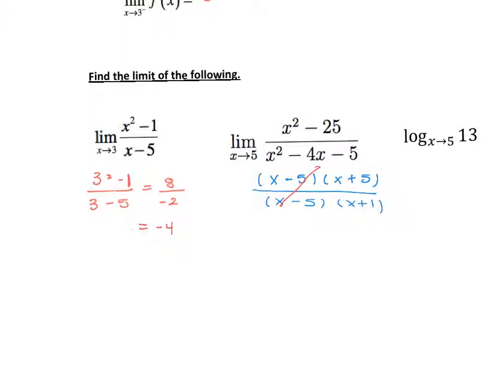And now you can plug in 5 to evaluate the limit of your function. It's 5 plus 5 over 5 plus 1. Oops, moving a little too fast. 10 over 6. And then that reduces to 5 over 3. Questions? Yeah.